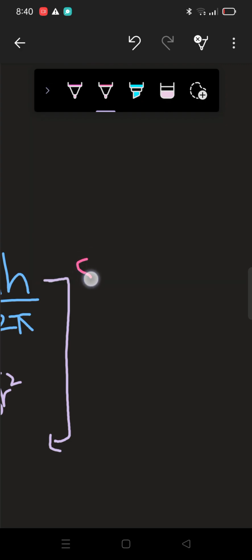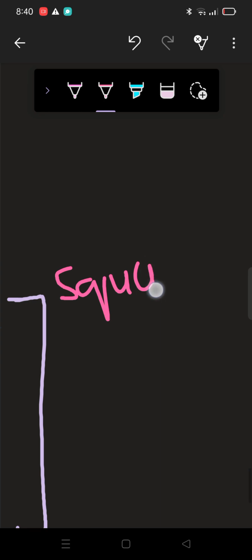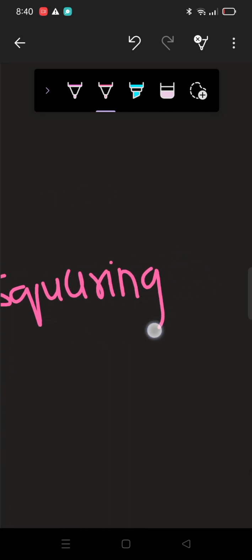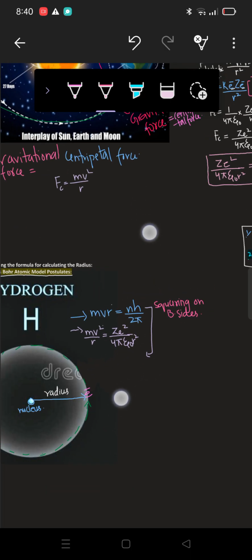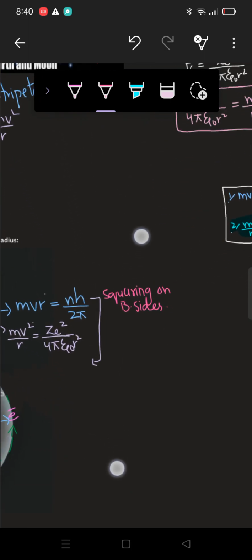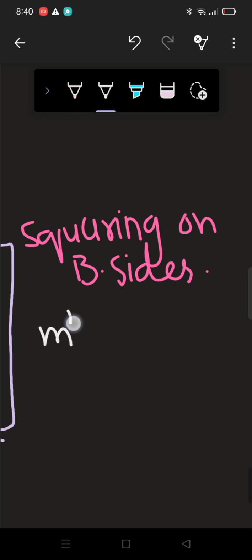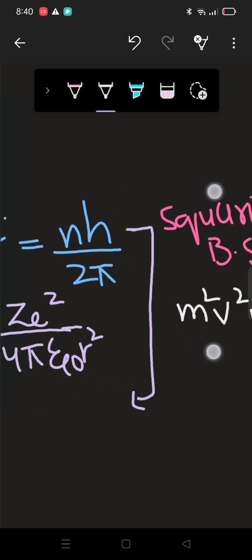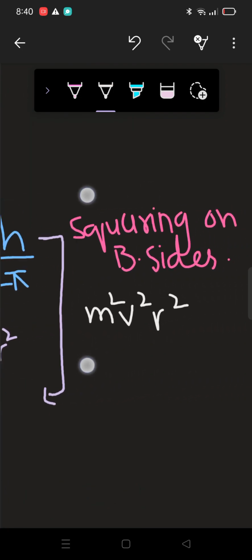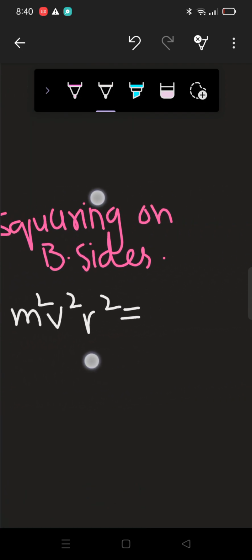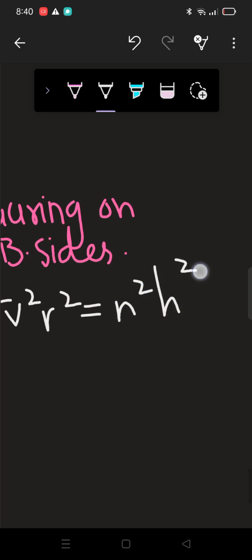So on the left hand side, mvr squared gives m square v square r square, which is equal to n square h square over 4 pi square, since 2 squared is 4.